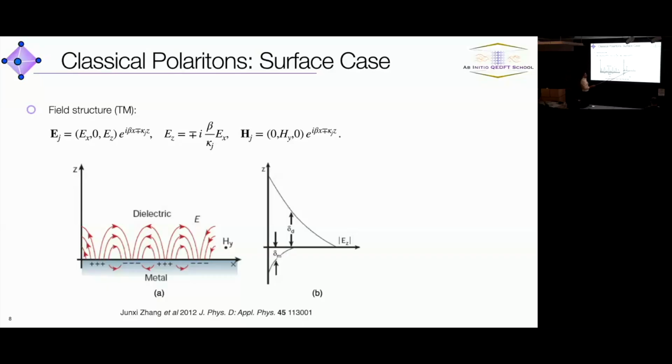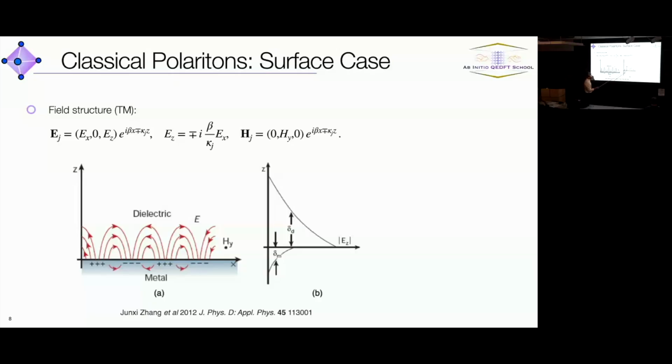That's what we call a surface polariton. The surface polariton arises at the surface. It's a solution that exists because you have an interface, and it's exponentially damped. This is the field profile away from the surface, and you can see that it decays exponentially, with different rates outside in the epsilon1 medium and inside in the epsilon2 medium.